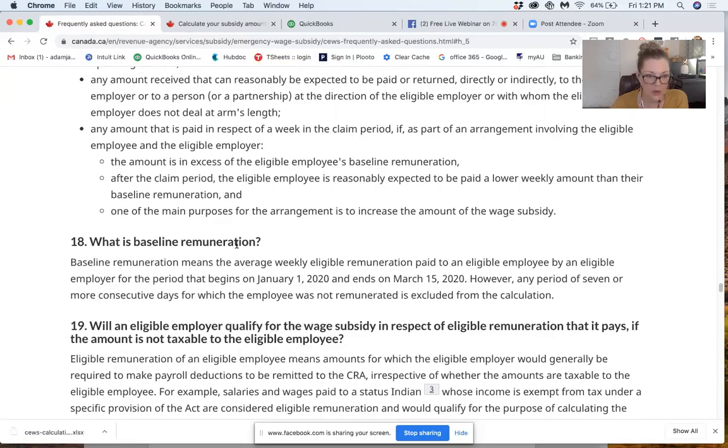The baseline remuneration says it is the average weekly eligible remuneration paid to an eligible employee by an eligible employer for the period that begins on January 1st and ends on March 15th. And if they had any period of 7 or more consecutive days in which they were not remunerated, paid wages, then you would exclude those from the calculation. So that's great, but what does that actually mean?